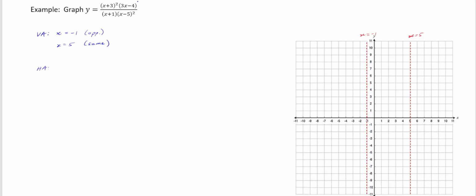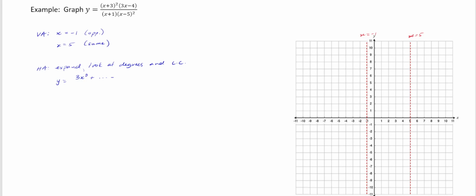So what I might do here is expand briefly, and I'll tell you what I mean by that, and look at degrees and leading coefficients. If I take this 3x and expand it into this, which is squared, then my numerator is going to be something to the effect of 3x cubed plus some other terms.